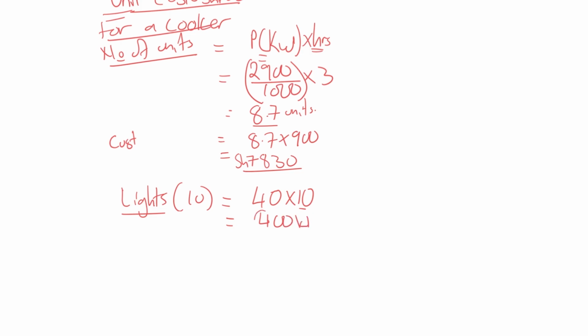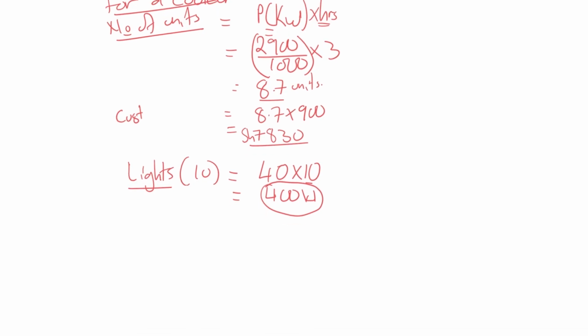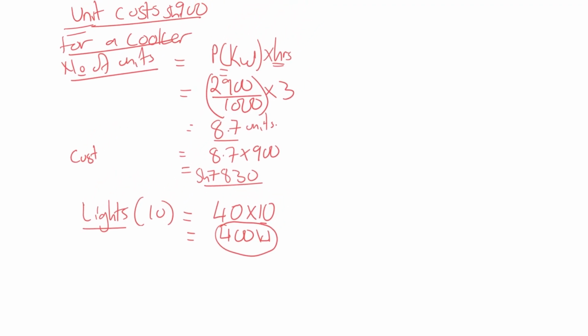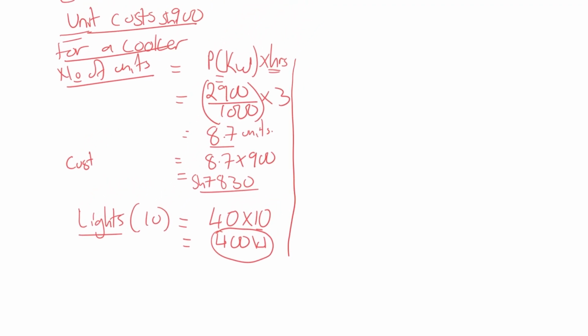Now it is this watts that we divide by 1000 to convert to kilowatts. So 400 divided by 1000 kilowatts, times the time. These bulbs would light for 8 hours in a day.